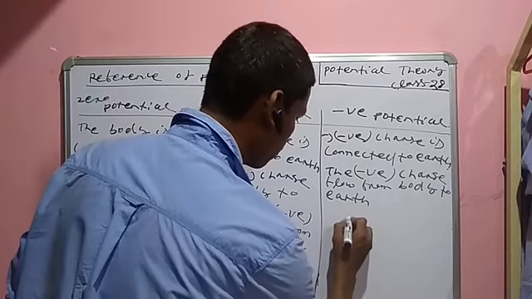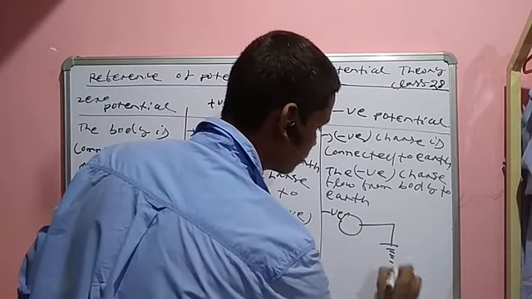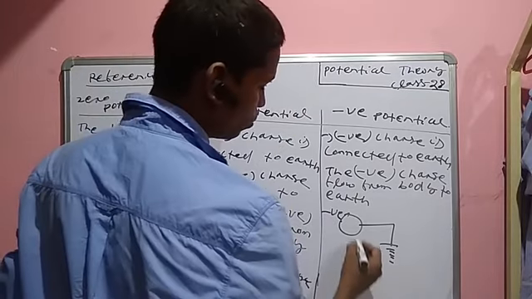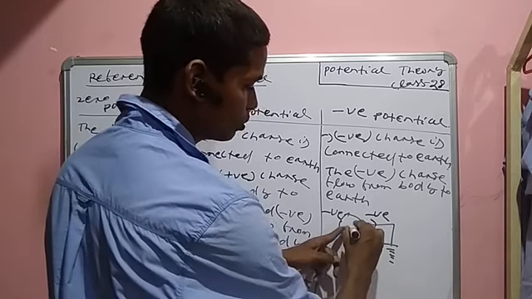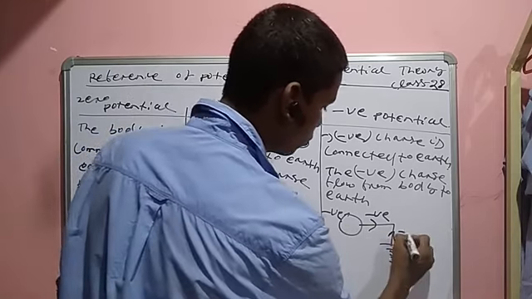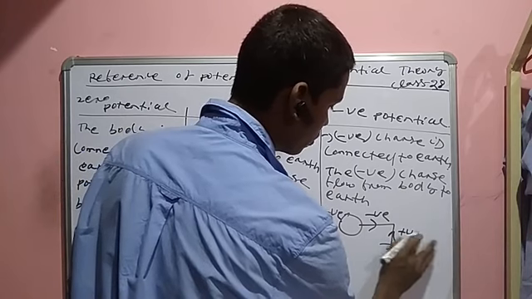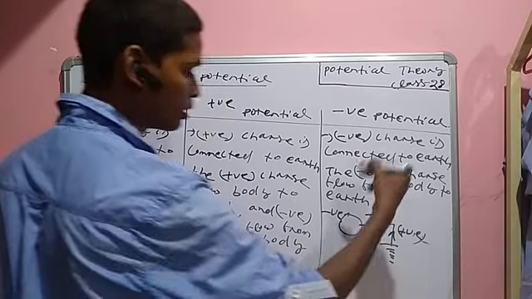We have to draw this: the negative body is connected to Earth, so the negative charge flows from this body to the Earth, and positive charge flows from Earth to body.